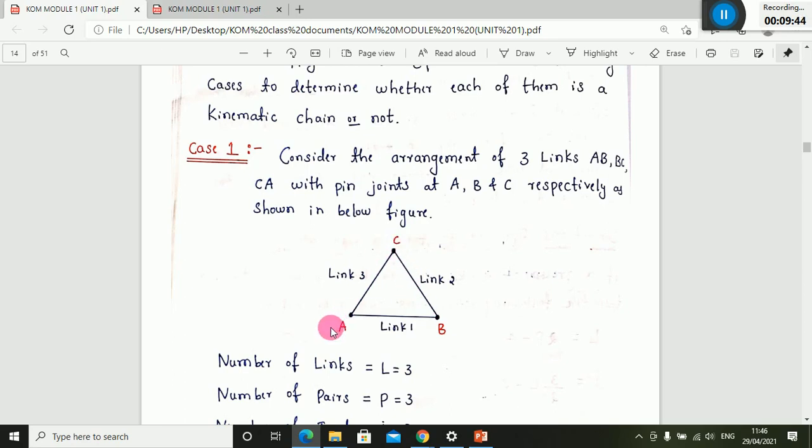Since it is in the form of a triangle, you'll not be able to transfer the force from link 2 to link 3 or link 1 to link 2. You'll not get any movement. Hence I cannot call this group of kinematic pairs a kinematic chain. It means there should be some relative motion. So this I can consider as a structure.